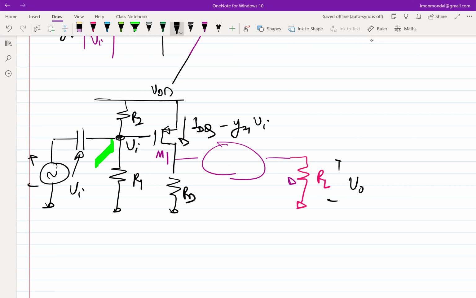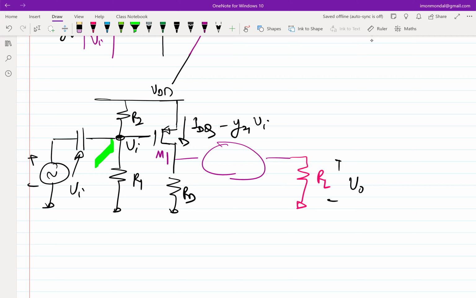So all I want is to ensure that the incremental current flows through RL. That is a requirement if I want to get the gain across RL. So I want this incremental stuff to flow through RL. So how should I connect these two? I don't want any IDQ to flow through RL. Yeah, so basically a capacitor, right?